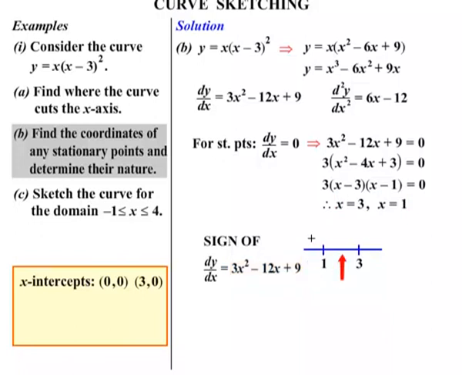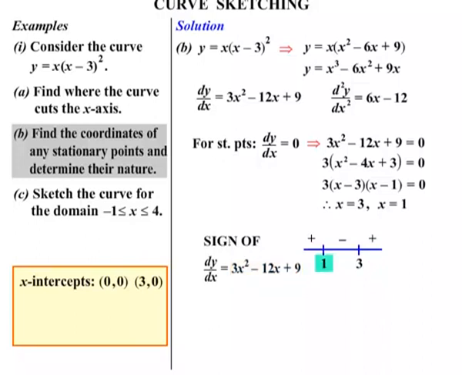A number between 1 and 3, let's say 2. Again, we substitute into the gradient formula, and we get a negative result this time. In other words, the gradient is negative for that part of the graph. And picking a number on this side of 3, often a bigger number, say 10, we substitute it in and get a positive result.